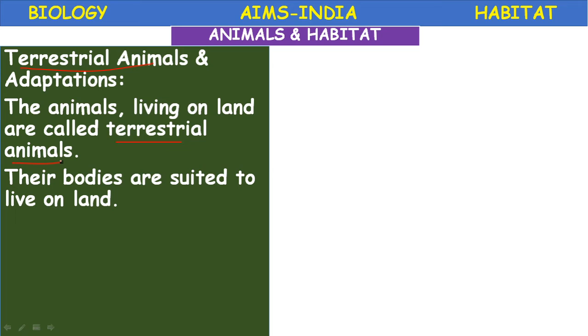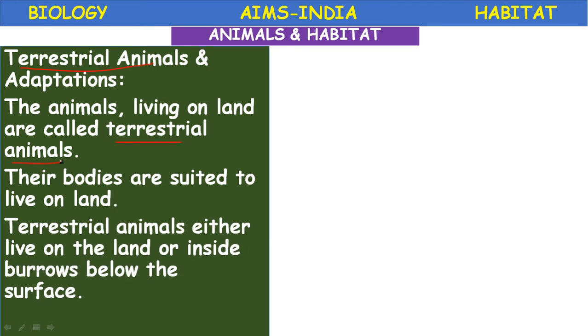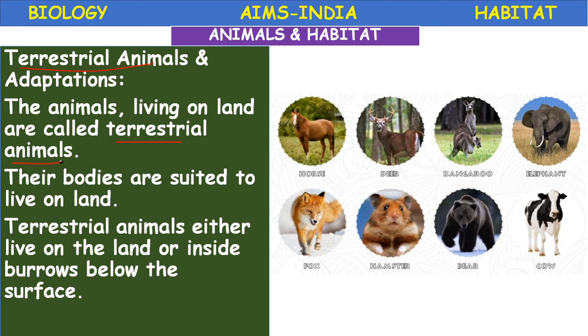Their bodies are suited to live on land. The terrestrial animals either live on the land or inside the burrow below the surface. Terrestrial means they may live on land or inside the burrows below the surface of the soil.